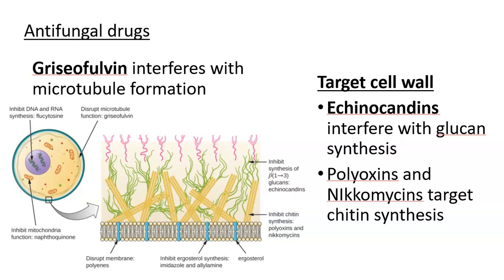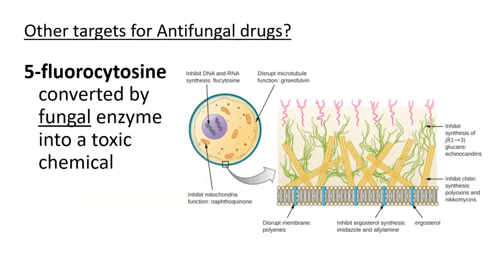The last one that we can really pull out of here is an interesting one because this relies on a biosynthetic pathway that is different in the fungus cell compared to our cells. This flucytosine molecule is going to be converted by an enzyme inside the fungus into a chemical that's toxic.